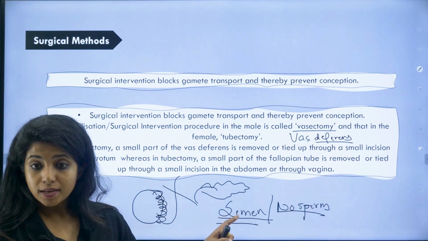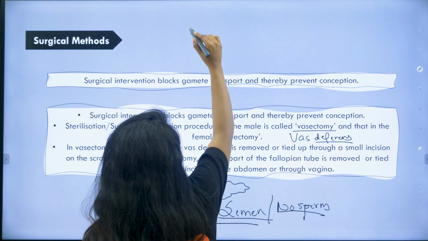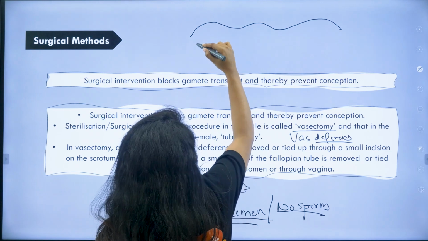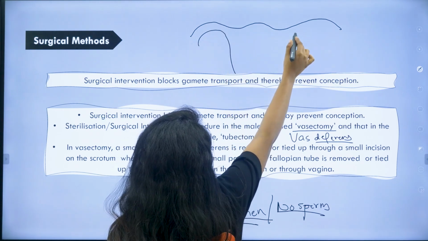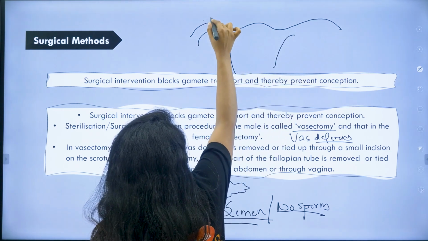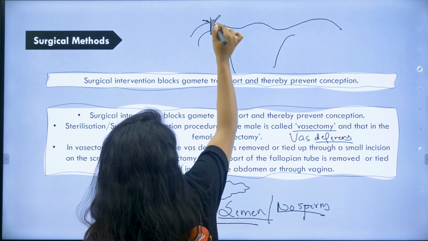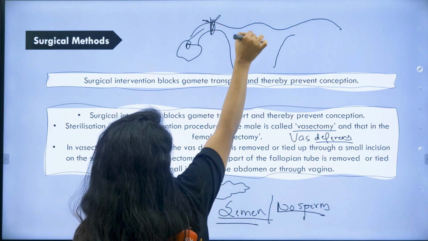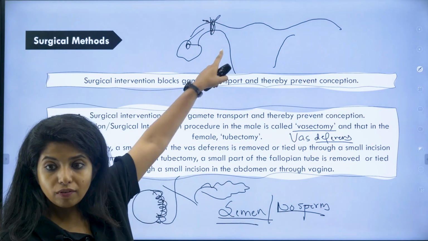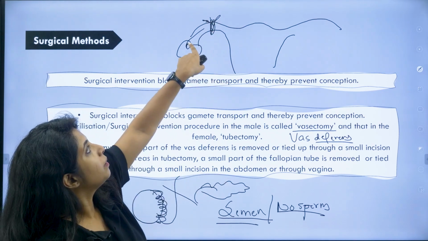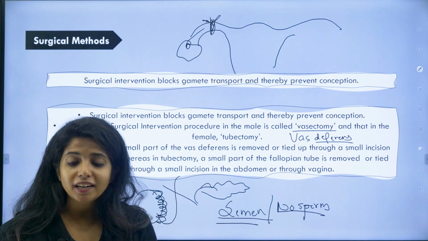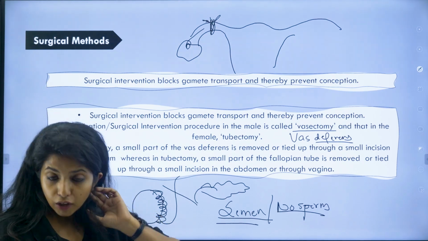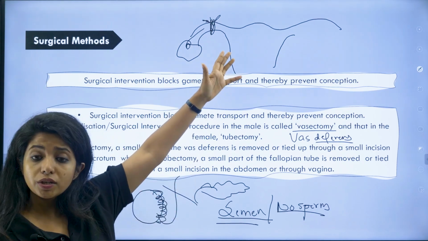Now, tubectomy is when, in females, you have the fallopian tube which is connected to the uterus. If you cut the fallopian tube and then tie it up somewhere, there's a space. So when the ovary releases the ovum, can it go this side? No. Again, copulation will happen, sperm could come, but can it meet the egg? No. Now, this is a very important question. If this is happening, will menstruation take place?